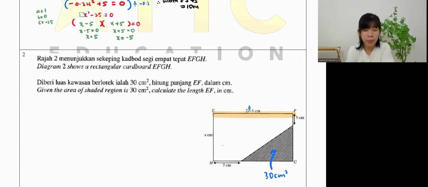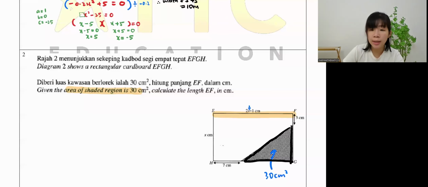Okay, what equation can we form? Depends on the question. If the question say area of shaded region is 30, so we form equation regarding shaded region. Okay, shaded region is a triangle. So if it's a triangle, we always need 1/2 times base times height. Okay, what is the height?